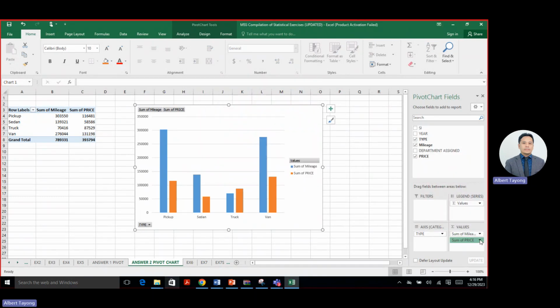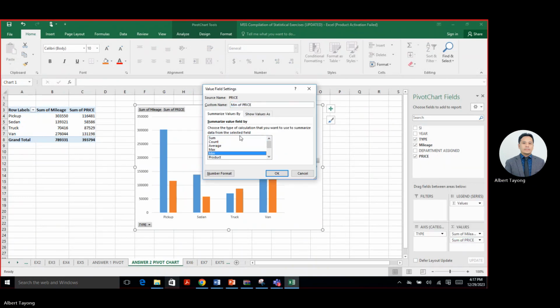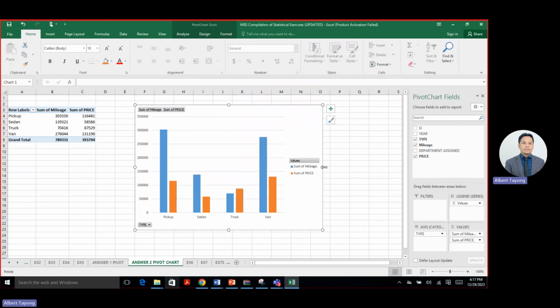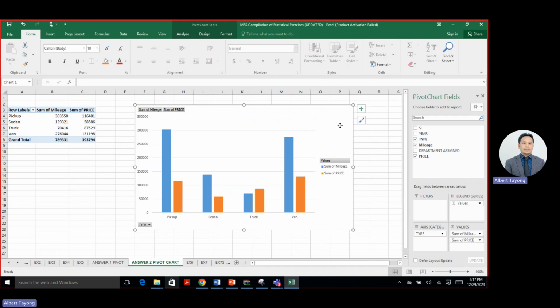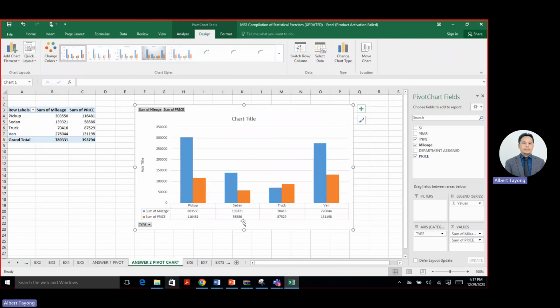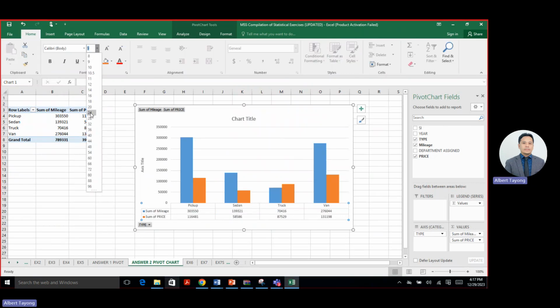You can change the price as well, value field settings, and change. You can get the maximum and so on. And you can go to design, layout, number 5. If you want to see the numbers, you can make it bigger.